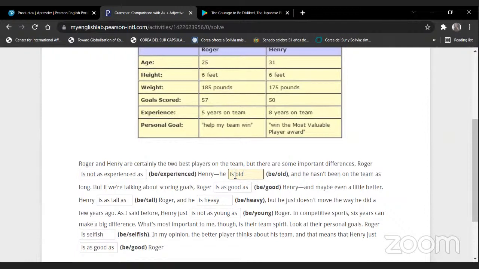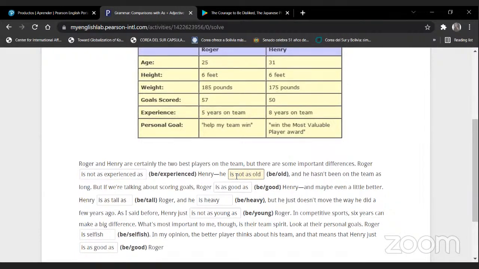is 31 and Roger is 25, right? But in this case, we don't have to put the as, right? Like he is as not as old? In this case, yes, he is not as old, right? As old.